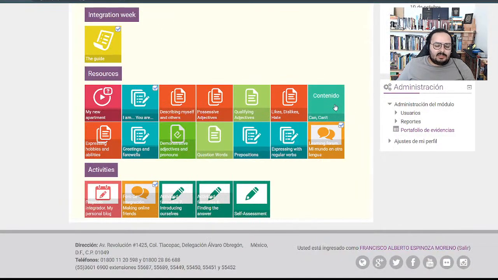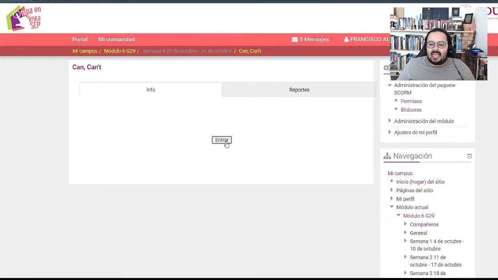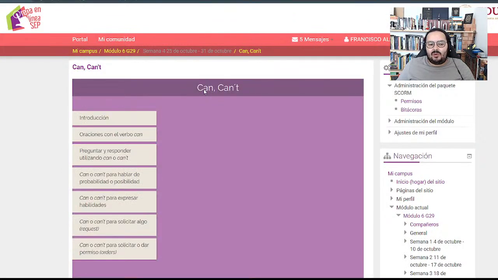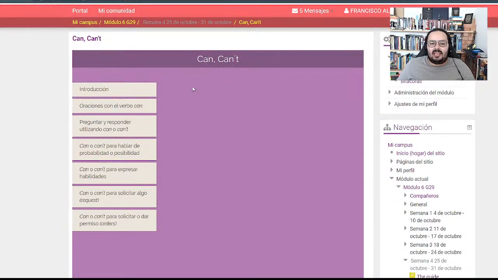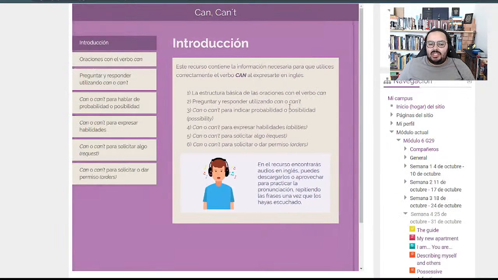Now, express a possibility with the modal verb can or can't. And this was something you got wrong on your homeworks. Okay, remember that we can use can or can't to express our abilities, something we can do. But here, this is an explanation more in depth.